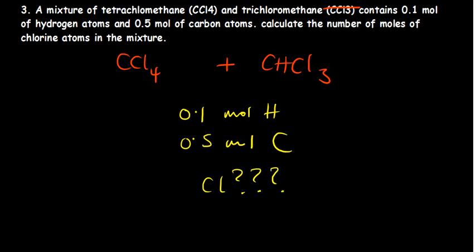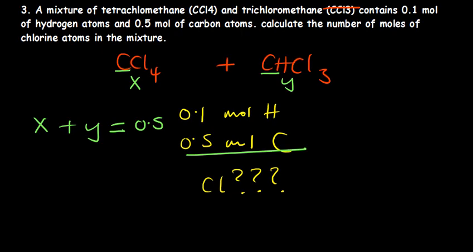Let's take anything coming from this side to be x, and anything coming from the other side to be y. First of all, carbon. For each, we have a single carbon. For the first one, we'll say x, for the other one, y. So we put a coefficient of 1 and 1 because there's only a single carbon in each. This is equivalent to 0.5 because we've got 0.5 moles of carbon in the mixture.